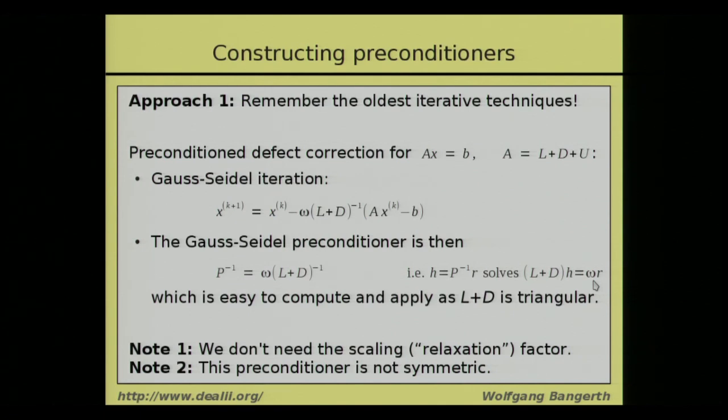Well, that is easy enough to do, because L plus D is a triangular matrix. And if I need to invert a triangular matrix, essentially what I need to do is just a forward or backward substitution, right? It's all there. All right, so that is what we call the Gauss-Seidel iteration.